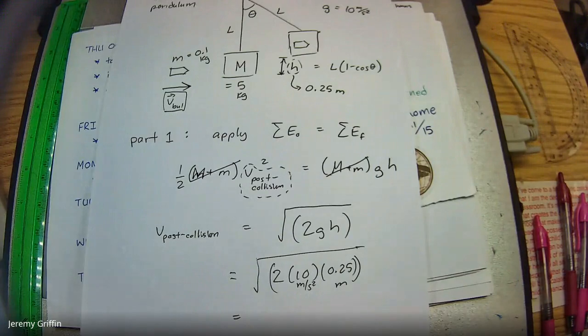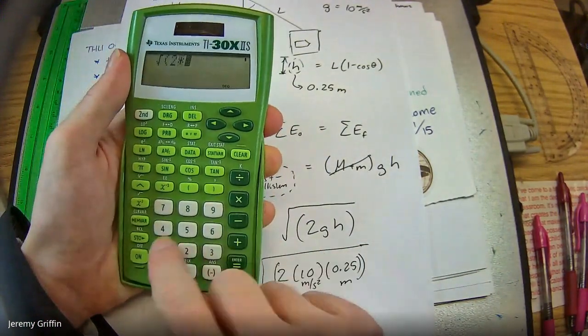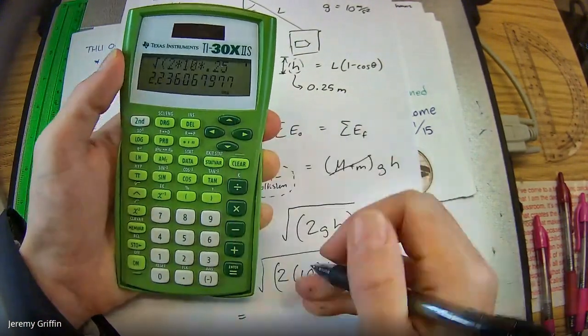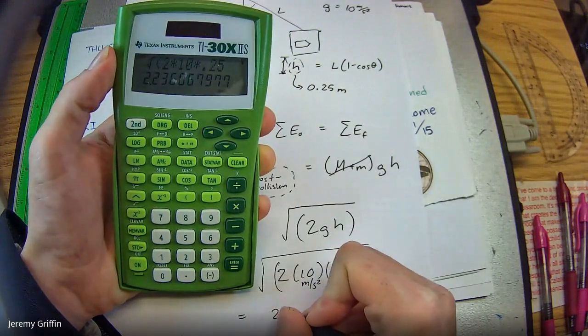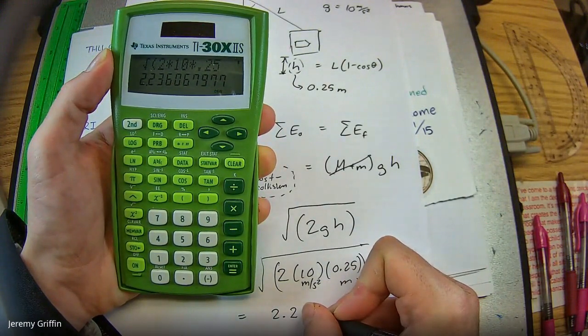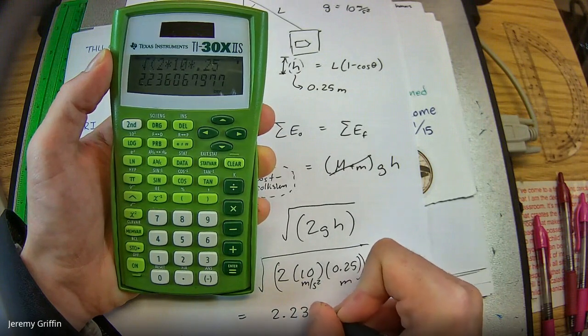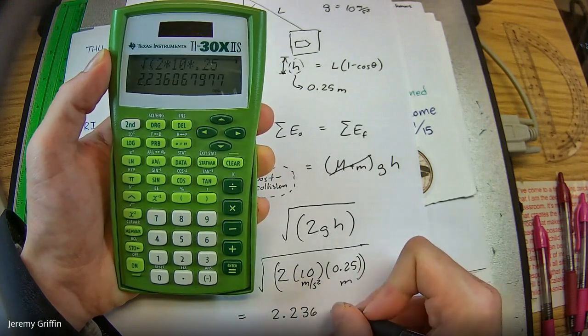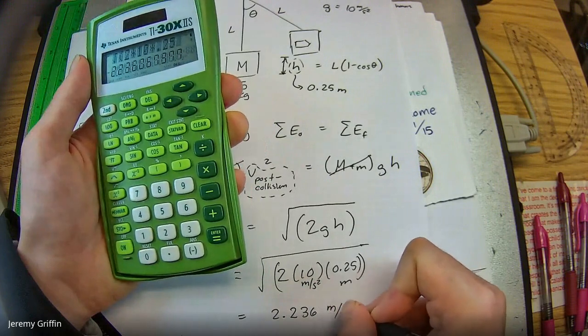See what it comes out to. Square root of 2 times 10 times 0.25. I'm looking at 2.236 meters per second.